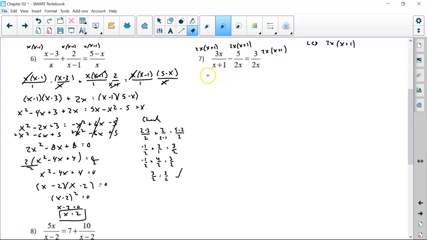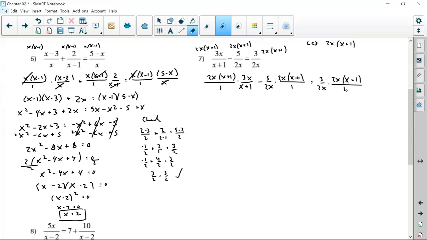And just so we can visualize a little bit better, it's 2x times x plus 1 over 1 times 3x over x plus 1 minus 5 over 2x times 2x times x minus 1, x plus 1, over 1 equals 3 over 2x times 2x times x plus 1 over 1 as the placeholder.